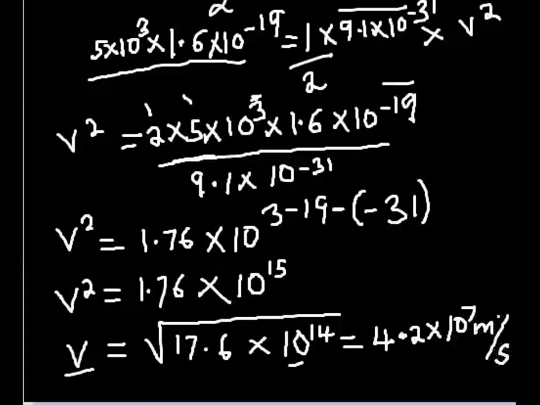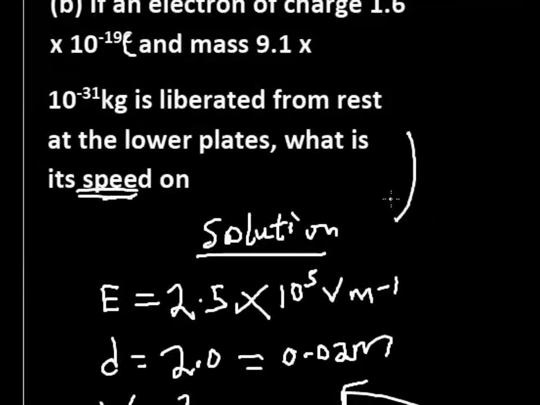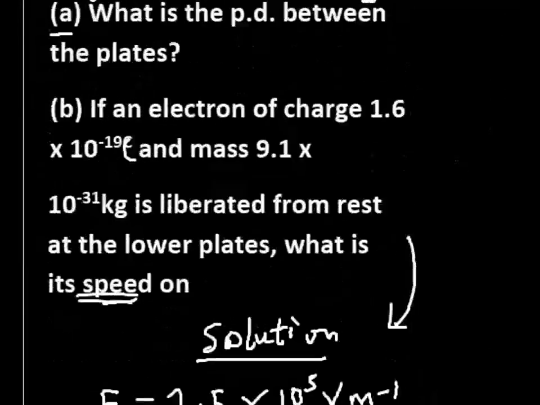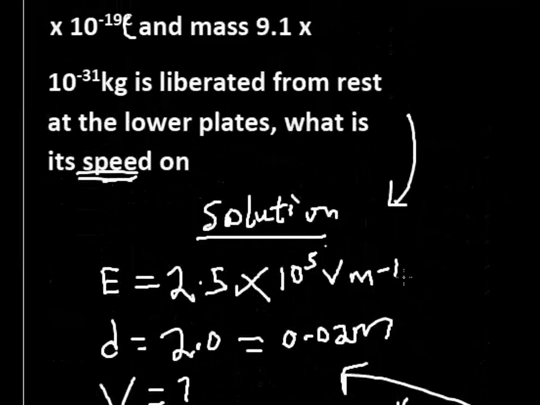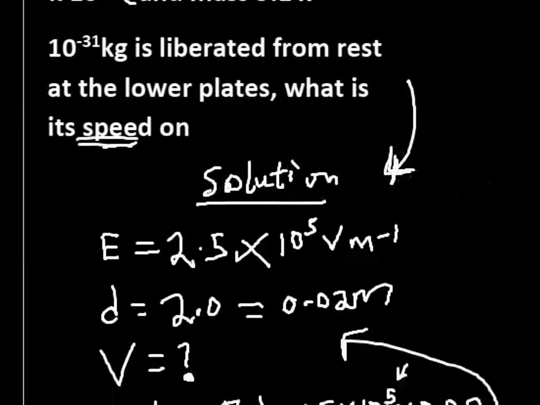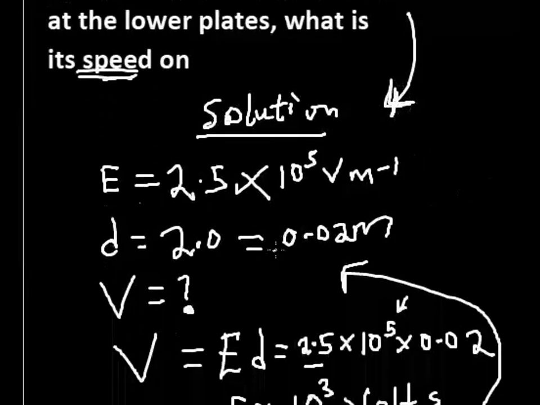All right, so I hope that is well understood. I'm very sure by the time you look at this again, you will definitely get it. You should also take time and learn standard forms, decimals, and anything that has to do with powers and indices, because electrostatics calculation deals with a whole lot of standard form.